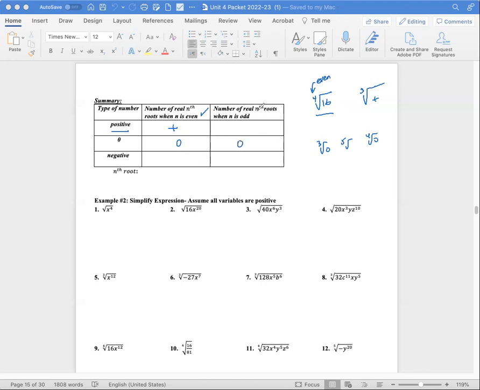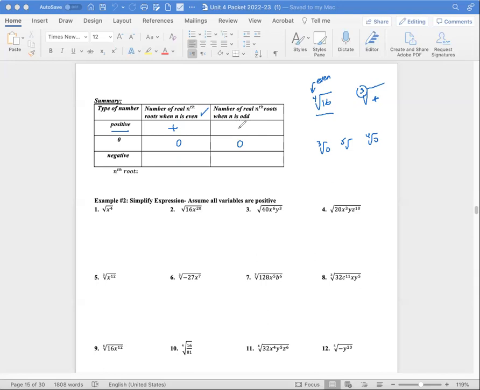So when you have a number of a real nth root when n is odd, so when you have, let's say, cube root and you have a positive, what do you have? I mean, here they're saying a number. Yeah, it should be maybe the sign, right?